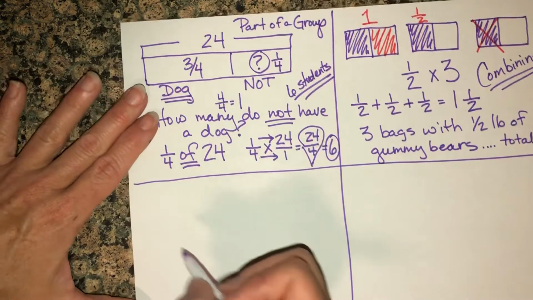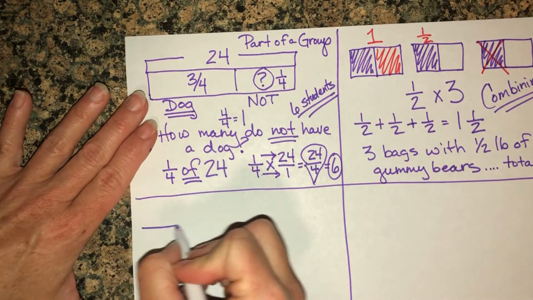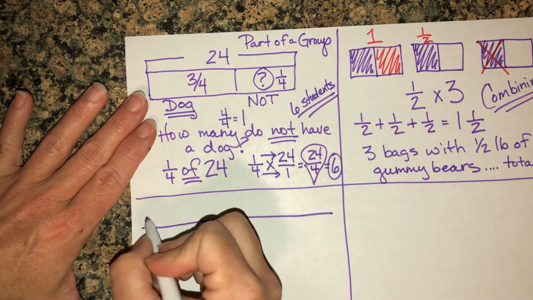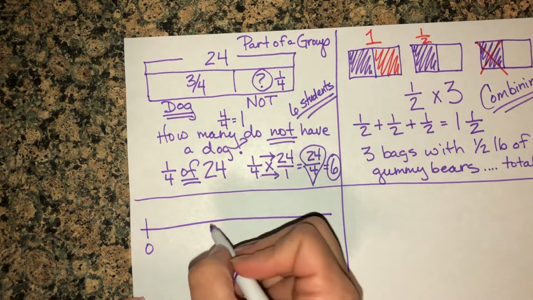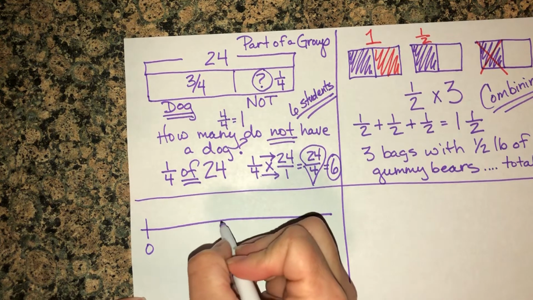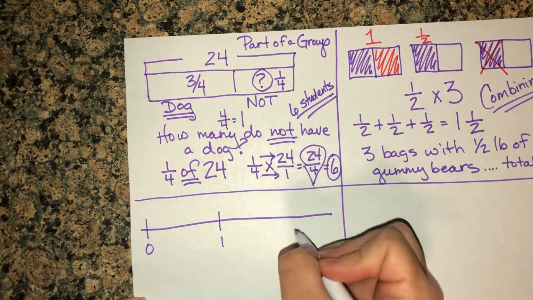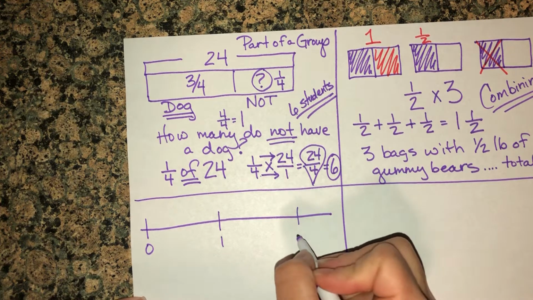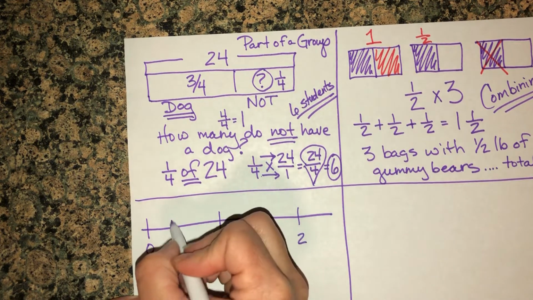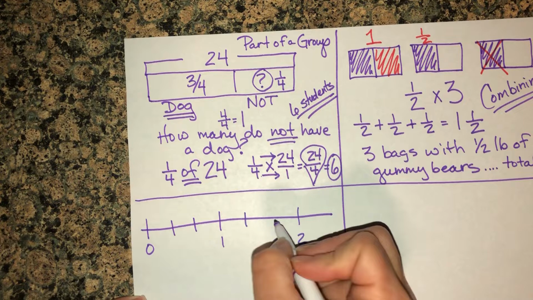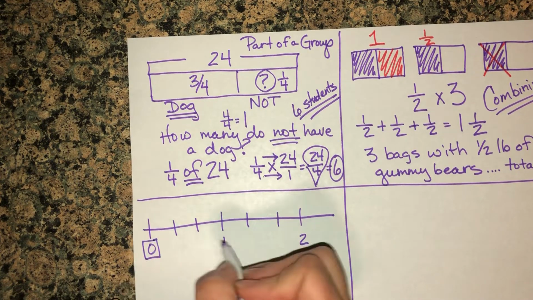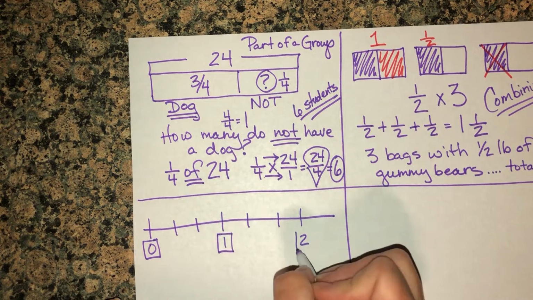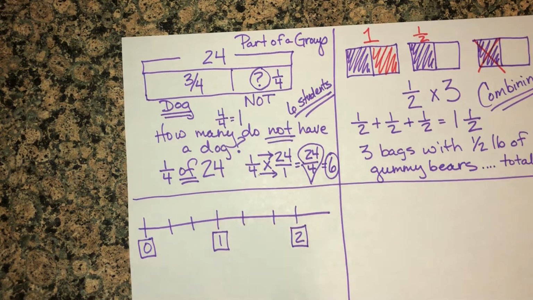One of the trickier models we work with are number lines, and these are going to freak you out a little bit, but it's going to be okay. So let's say I've got a number line that looks like this. Sometimes they give you the fractions underneath, sometimes they don't. I like to set my whole numbers apart so they don't get muddied up with the fractions.